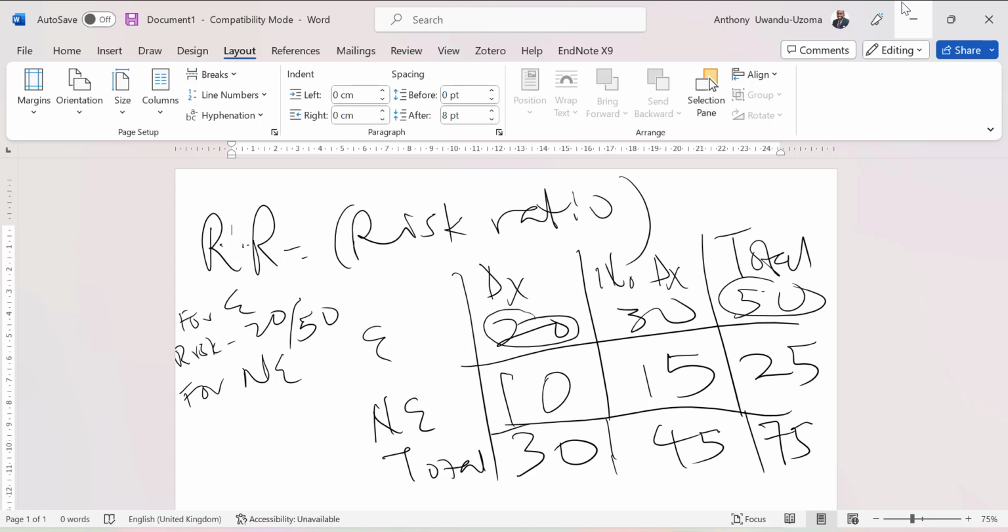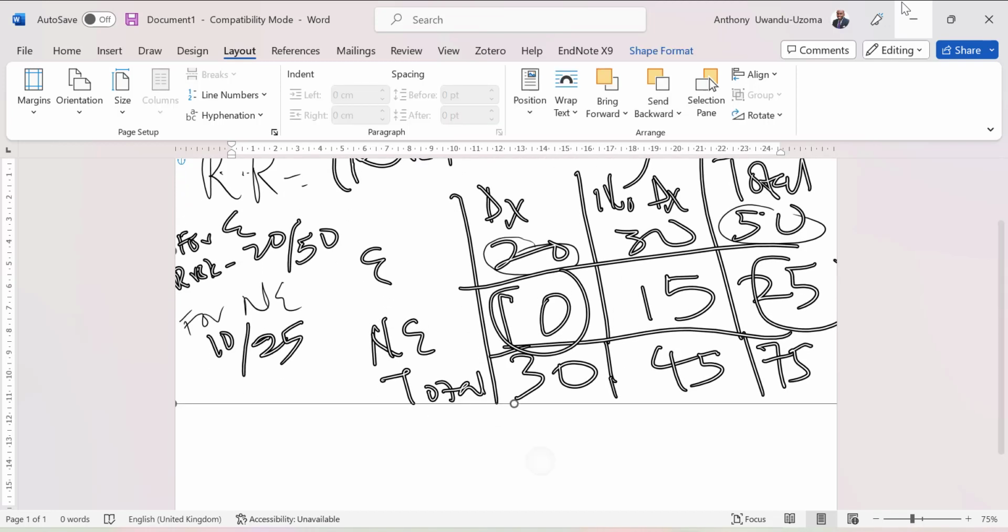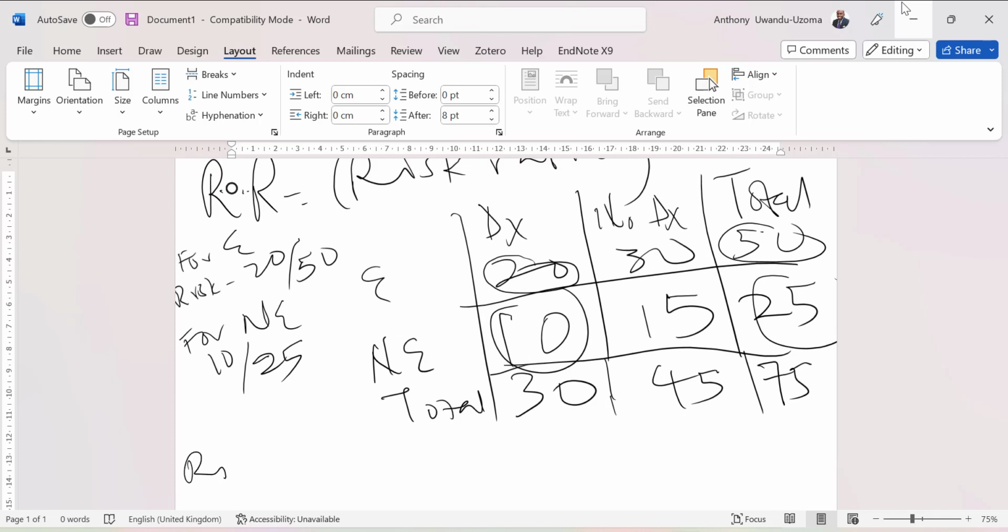The risk will be 10 over 25. So what then is the relative risk? It is the incidence in the exposed group, 20 over 50, divided by 10 over 25. All right.